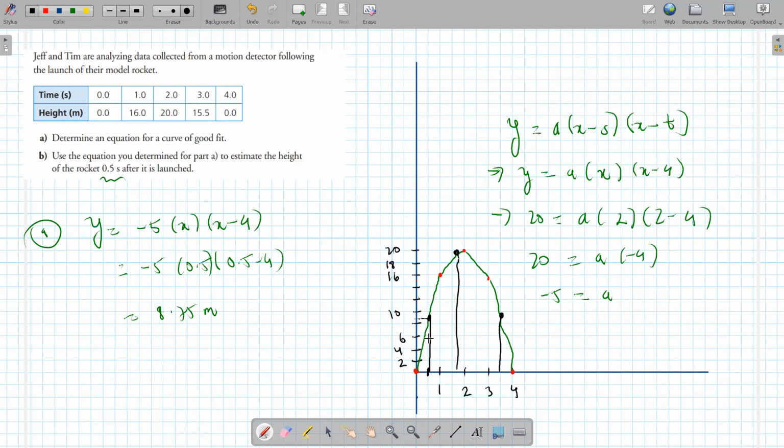When you're doing this, you need to be very careful because you might fall into a trap. I'm going to ask you a question. What if I asked you, what's the height at 5 seconds? Would this model still be valid?